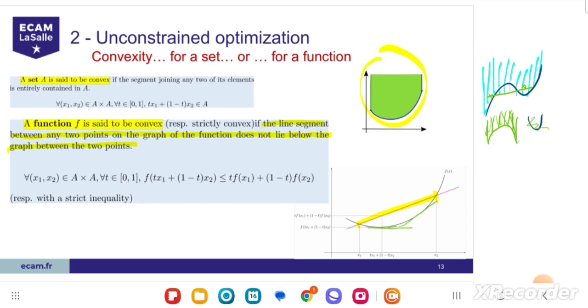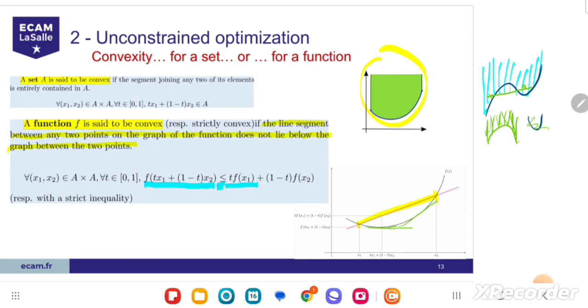In any case, we've got a similar description that is going to work for any real function with any number of variables. Same idea: the image of the segment points are smaller than the segment that you can make between the images of the points.